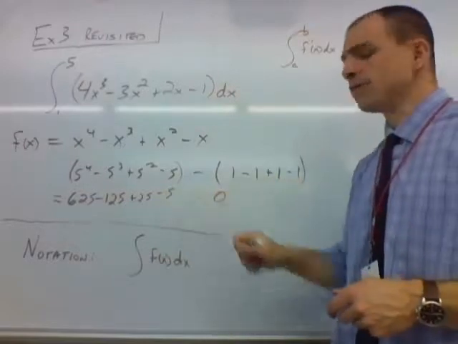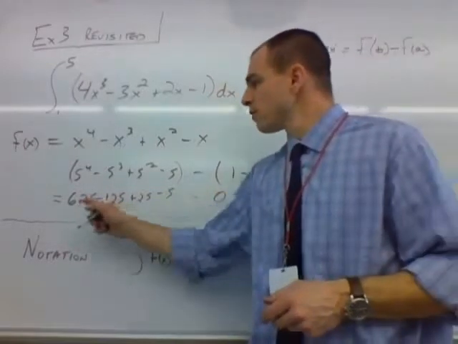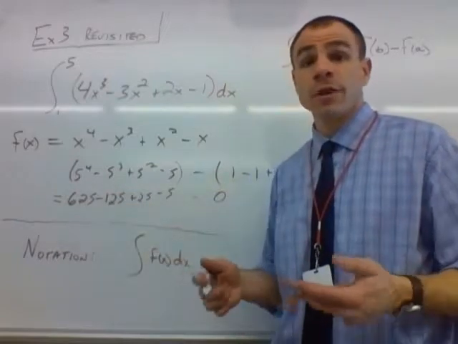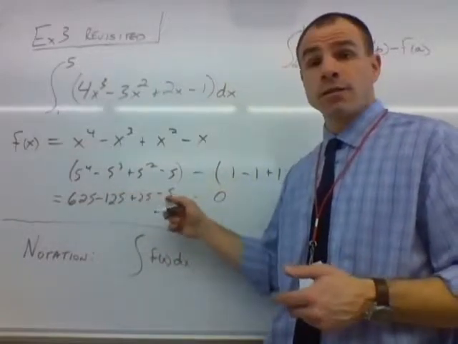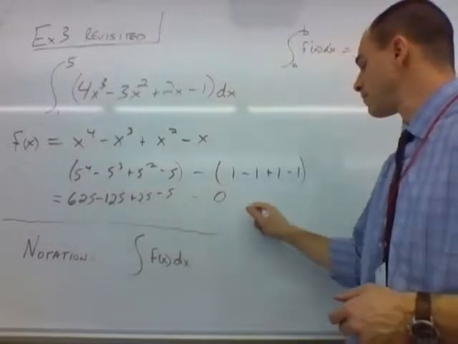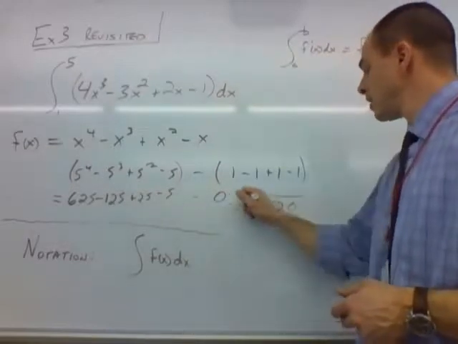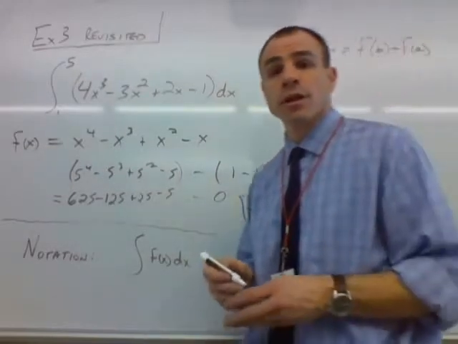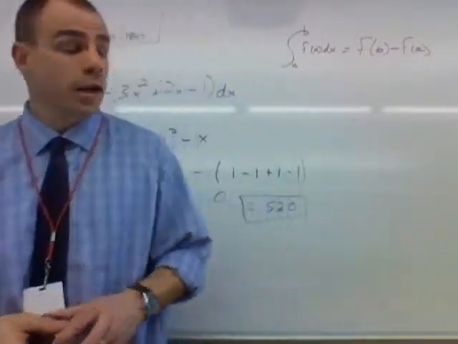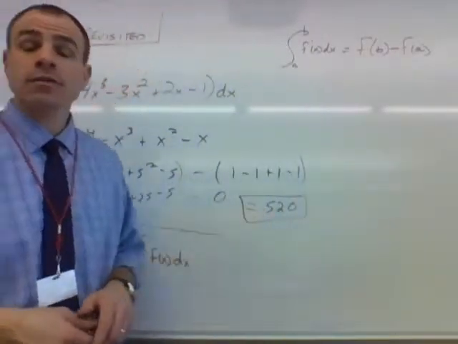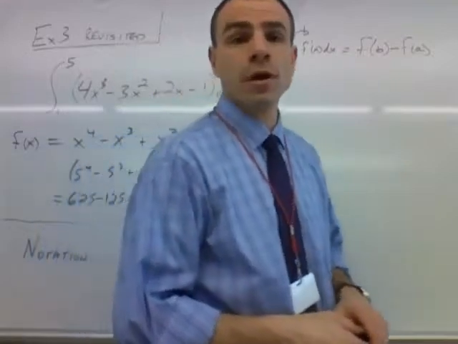So we're subtracting 0 from everything. 625 minus 125 is 500. 525 minus 5 gives us 520. And if you use your graphing calculators real quick and do math 9, you can verify that the calculator is going to agree with you that the answer is 520.